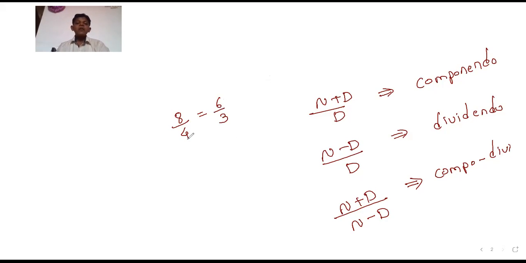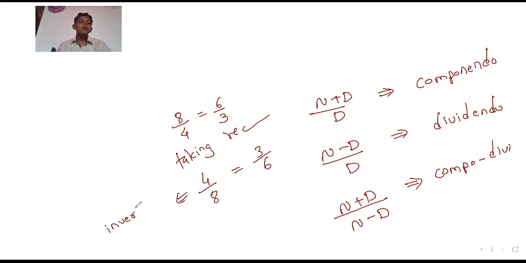Now, if I take the reciprocals, 4 upon 8, will it be equal to 3 upon 6? Yes. This is called as invertendo. Invert, meaning you flipped it upside down. So invertendo.